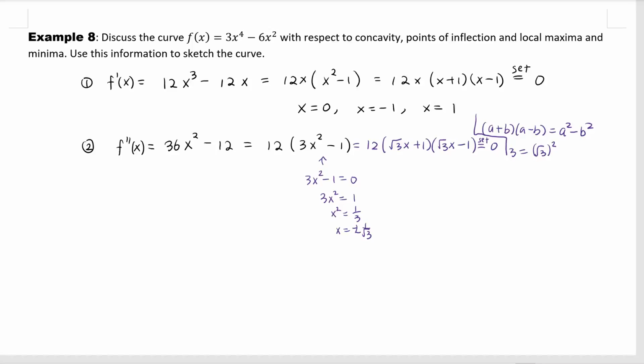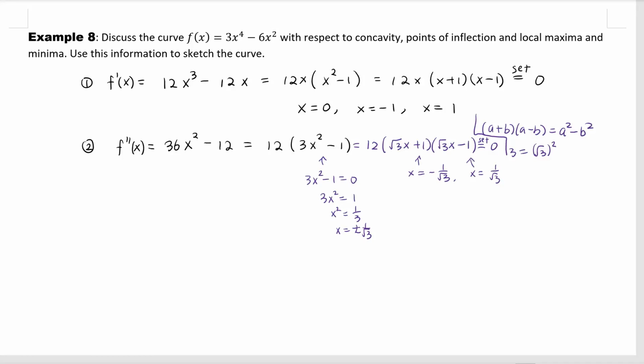Where you factor it completely, here you still get negative 1 over root 3, and here you get 1 over root 3. See, you have the same answer. Okay, so you do not need to factor it here, but if you can, that's great.